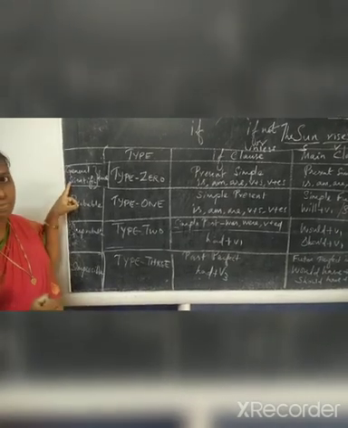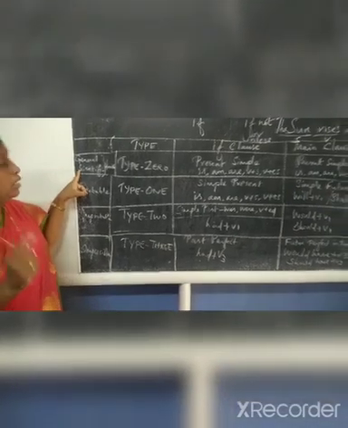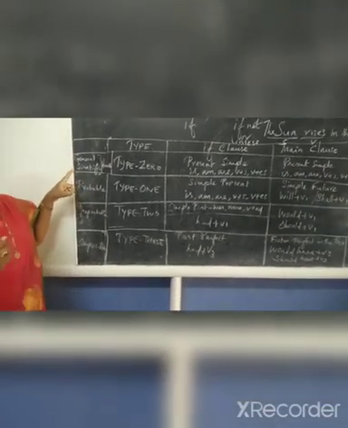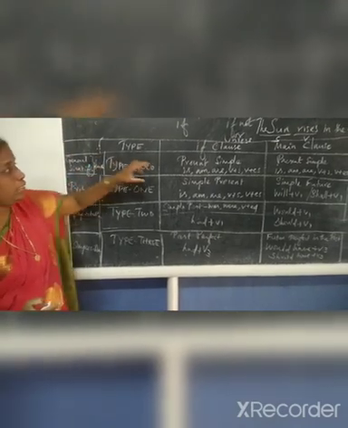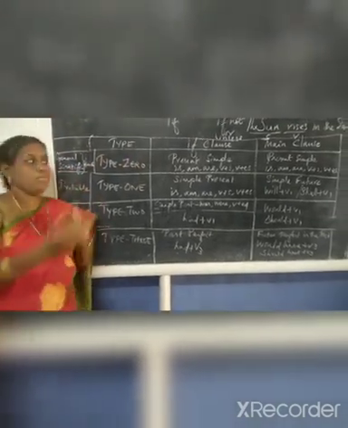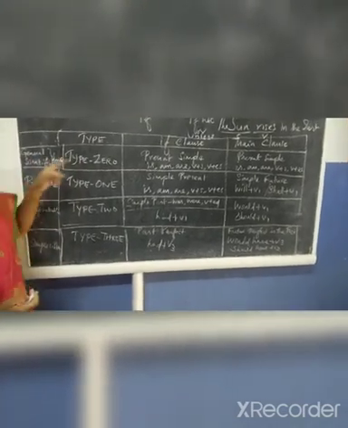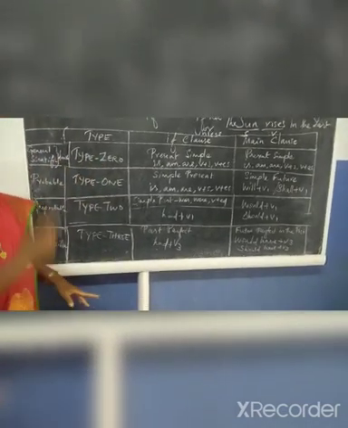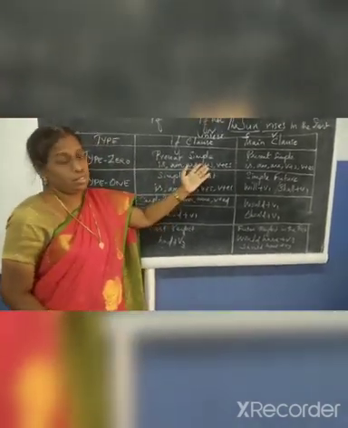For example, water boils at 100 degrees Celsius. That is a scientific truth that you know. Here you see how to use the general truth and scientific truth in the sentence, in the if clause and main clause, with the help of these tenses.